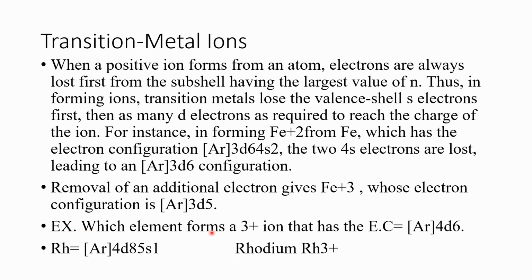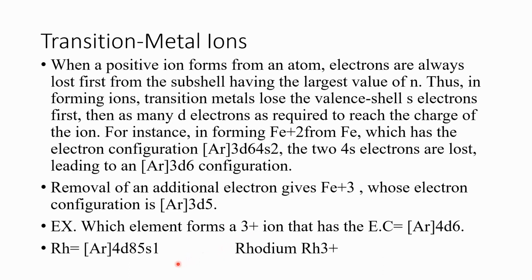Example: which element forms a 3+ ion that has the electron configuration argon 4d6? You look at the argon 36 plus here 6, 4, 2, and it lost the 3 electrons, so the original atomic number is 45.